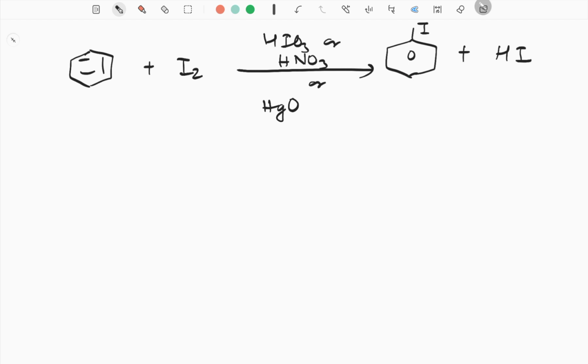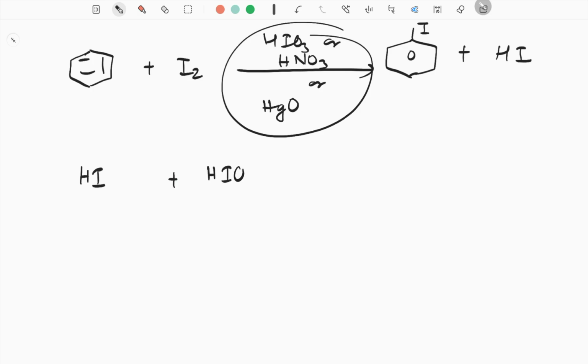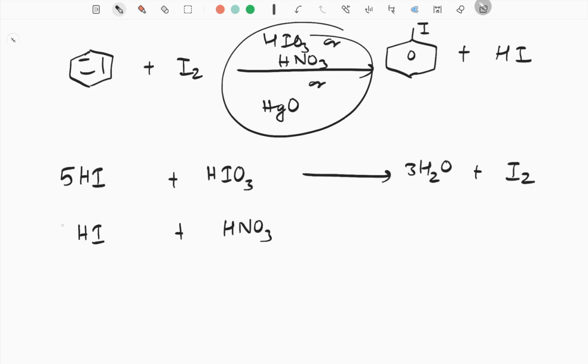So what will happen in this case? The produced HI will react with the HIO3, if you add HIO3, to give water molecules and iodine. If you add HNO3, then 2 moles of HI will be used to give 2 moles of water and iodine plus 2 moles of NO2.